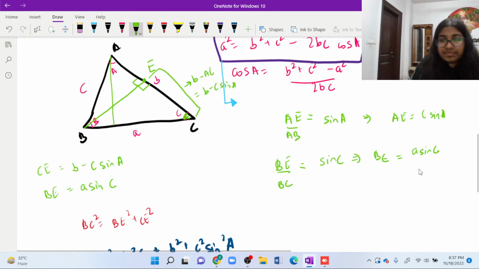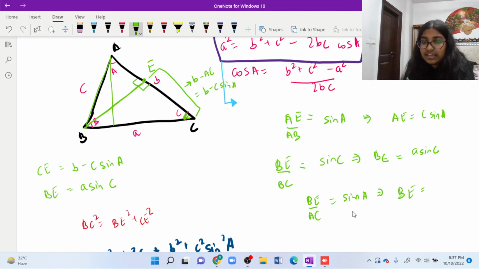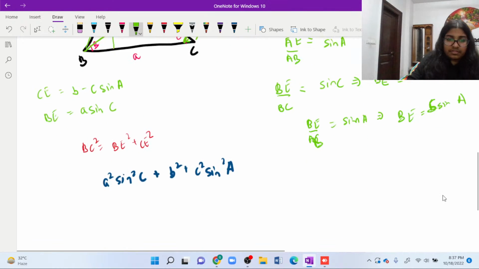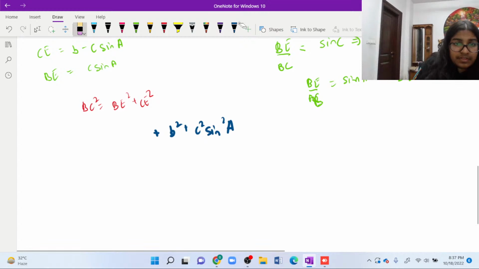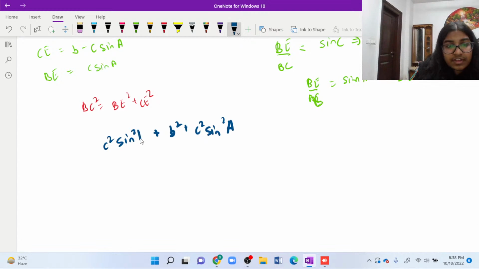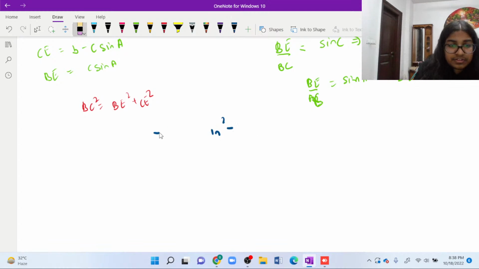So basically here, BE by AC is also, in this triangle, BE by AC, that's sin A. So BE can also be written as AC sin A, which is just... sorry, AB sin A, which is C sin A. So we can just write this as C sin A, and this becomes C square sin square A. And continuing that, I will just write it again.